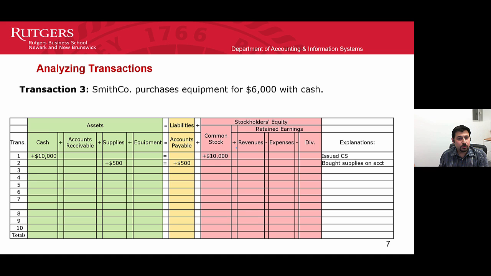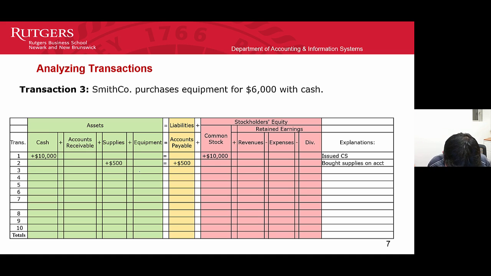Now, in the third transaction, Smithco purchases equipment for $6,000 with cash. So the asset account equipment has increased. Now the company has more equipment, but their cash decreased by $6,000.